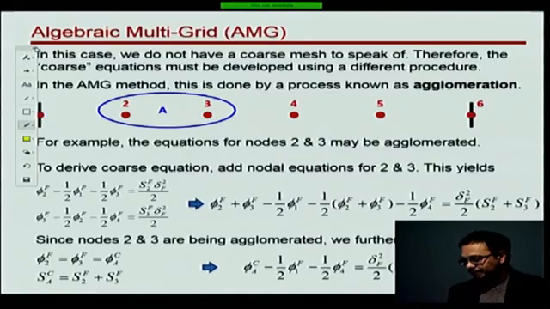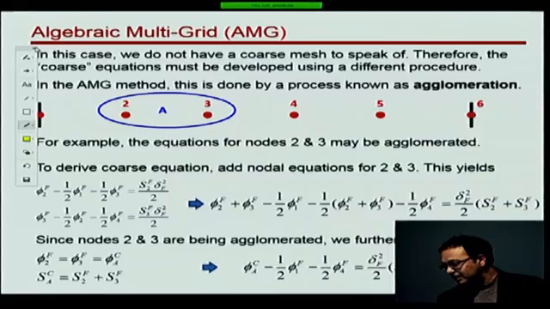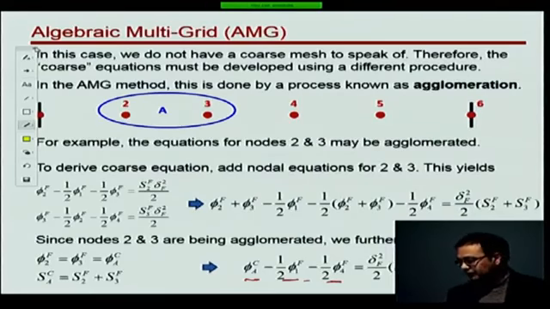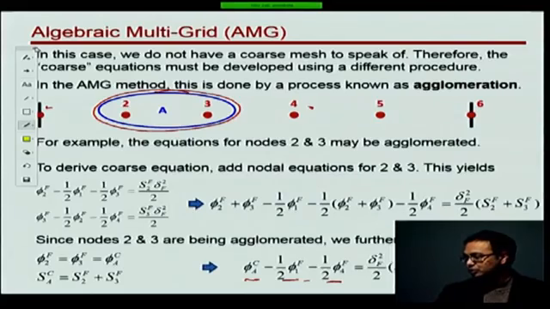Now notice that I have a phi A, which is on the coarse mesh, right here. And then we are left over with these two, phi 1 and phi 4. Essentially what I've done here is I've constructed a coarse mesh equation, which is this whole blob here with 2 adjoining nodes, 1 and 4.